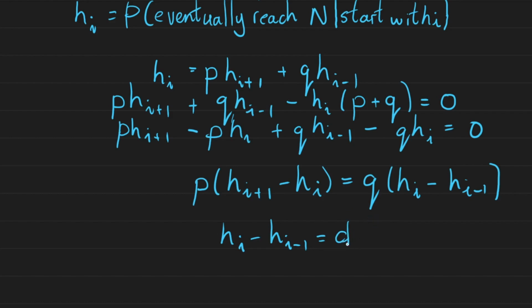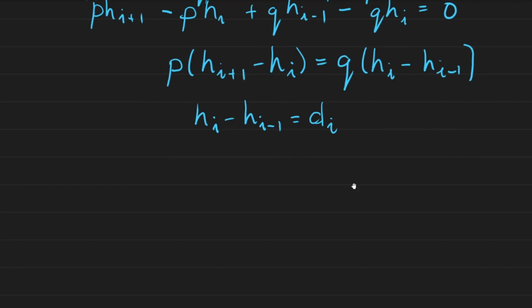So we're going to call it Di. So Di is equal to Hi minus H(i-1). For example, if we say D2, then we actually say H2 minus H1, or D1, which is H1 minus H0.